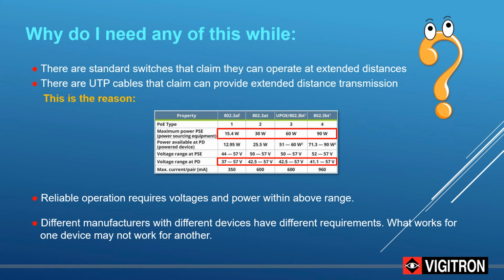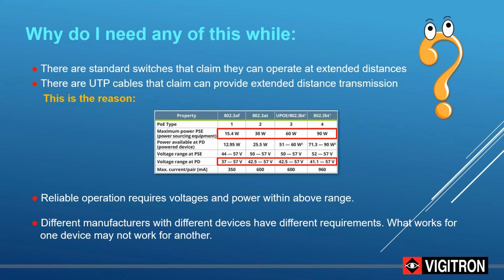If we look at any of those switch specifications or any of those claims by other cable manufacturers, they don't address the idea of packet size. They don't address the idea of bandwidth. They don't address the idea of maintaining the requirements of PoE. And therefore, the resulting PoE and bandwidth at the other end of the cable connected to the camera may not be sufficient for reliable operation.